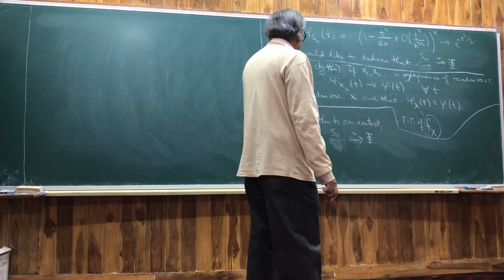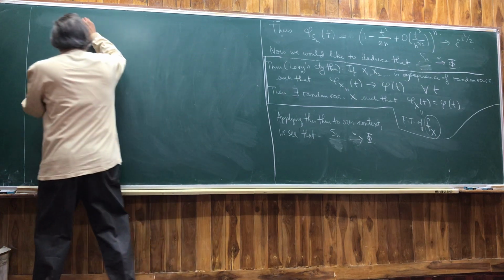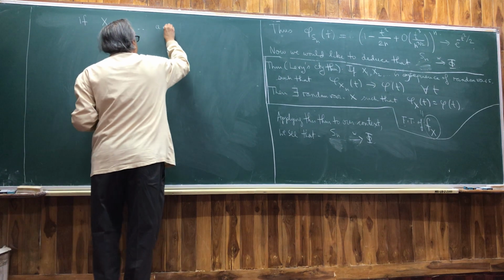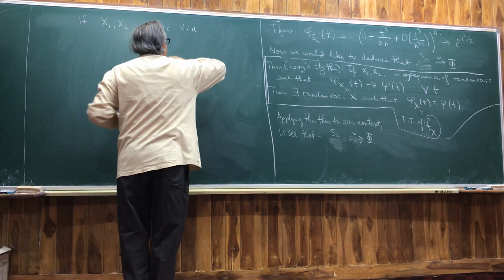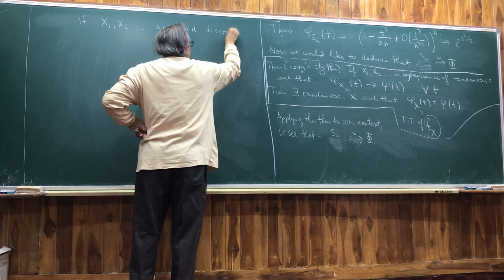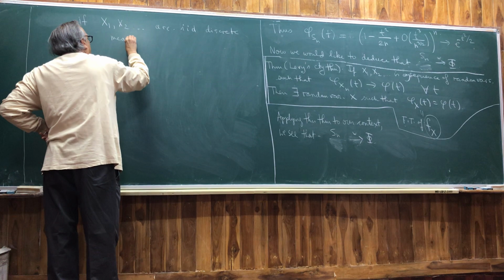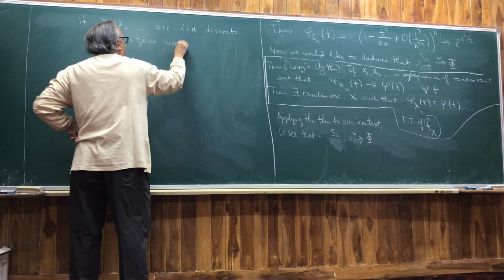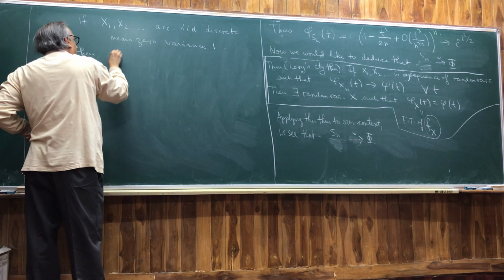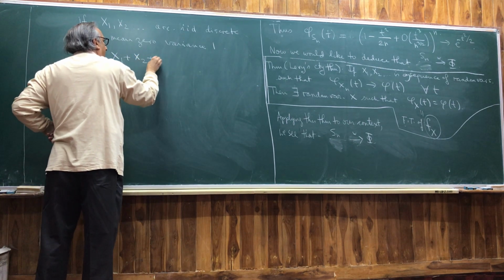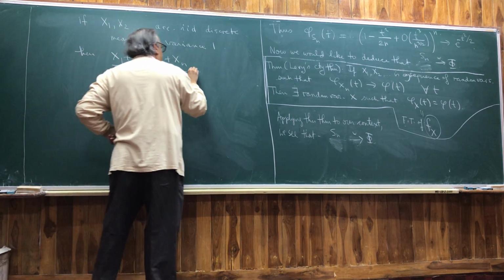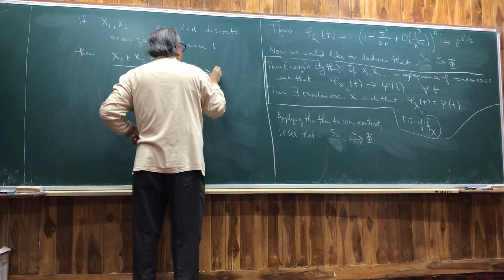So now if x1, x2, are identically distributed independent random variables which are discrete, with mean 0 and variance 1, then x1 plus x2 up to xn divided by root n tends to phi.